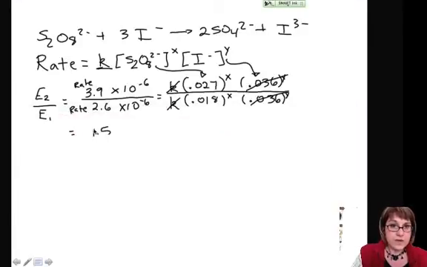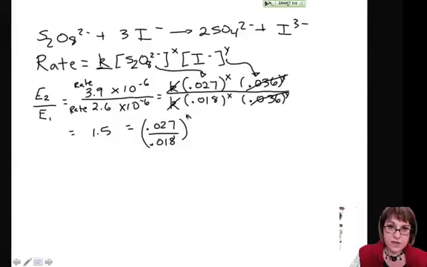So 1.5 is equal to 0.027 over 0.018, and those are raised to the power of X. So I can say that's the same as dividing these two numbers and raising that quotient to the power of X. So let's see, what is that quotient?